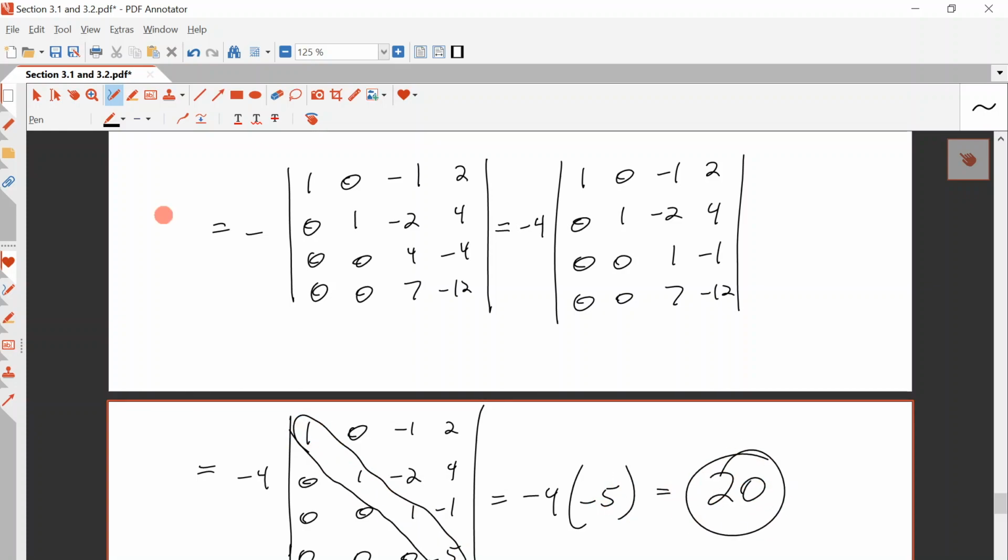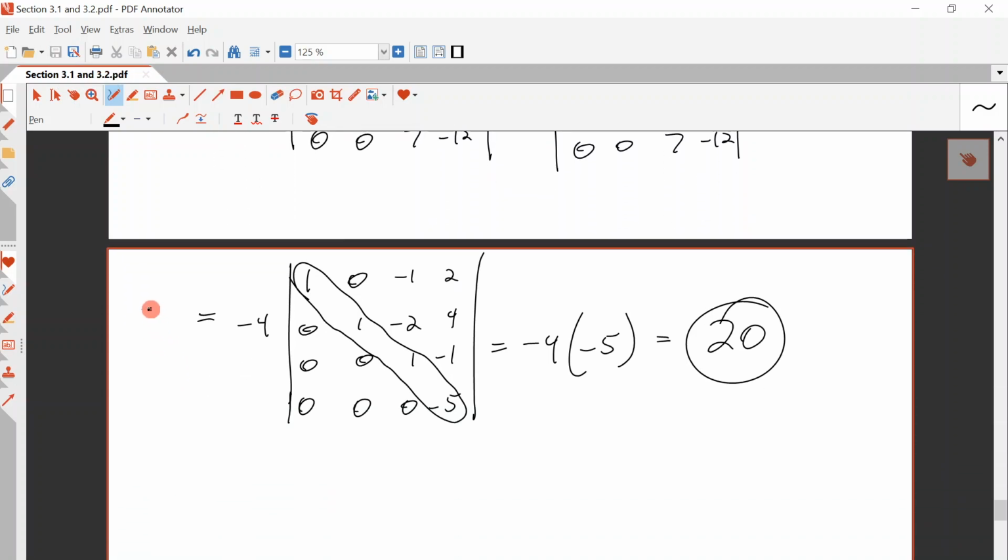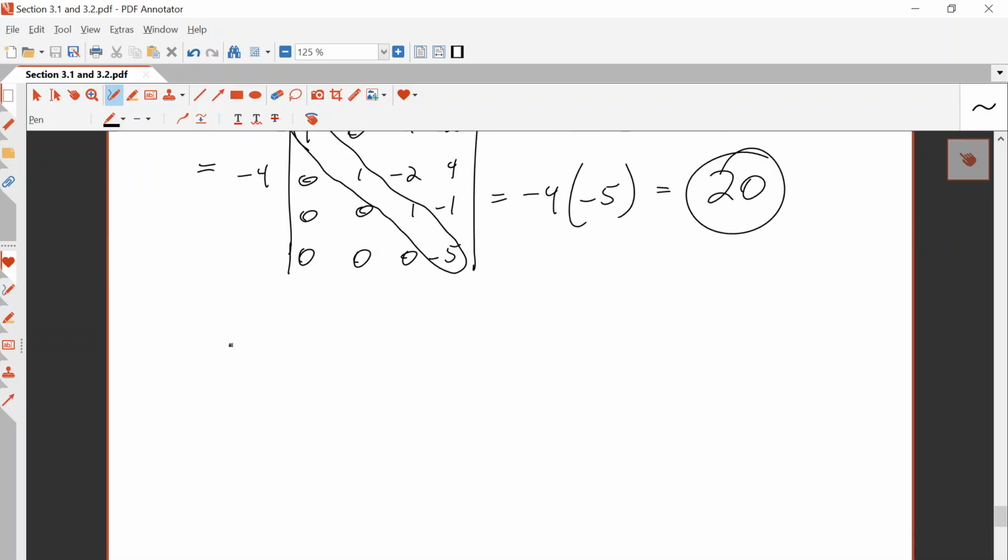It's 20. All right? So this gives us a way of calculating n by n determinants for n higher than 3, in an easier way than cofactor expansion.